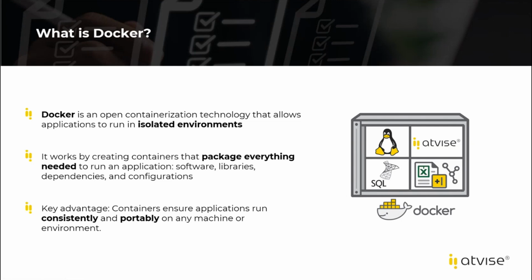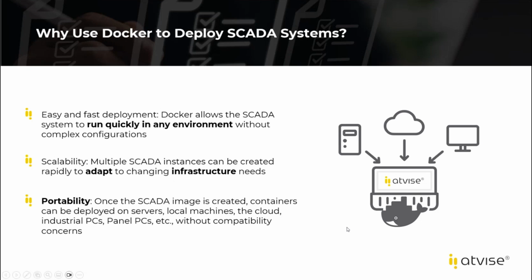So what does Docker offer? Docker technology offers you to create an image of all that you need to deploy the SCADA system. You create an image, and then you go to your host machine where you want to deploy your SCADA system, and simply run a Docker container based on that image. This is more or less the theory, very slight.